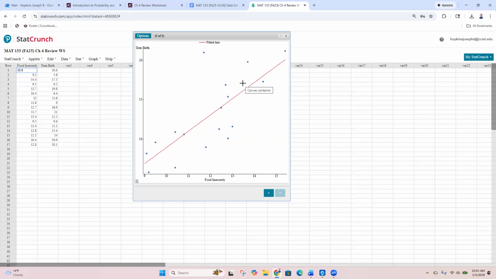Interpolation is a very accurate way to model your data. Often, though, we are not asked to interpolate. We're often asked to predict what's going to happen in the future, outside of our data, and that is called extrapolation.